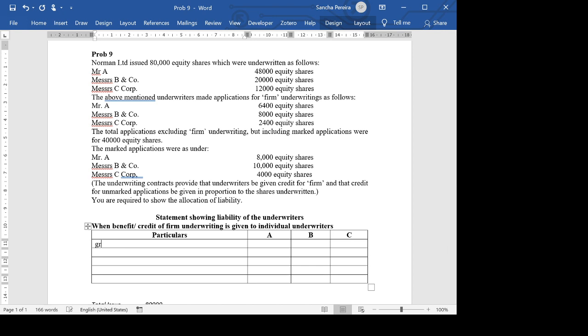So we start with gross liability. Gross liability is, in case of A, 48,000, then 20,000 and 12,000. Less marked applications, which is given to us: 8,000, 10,000 and 4,000.